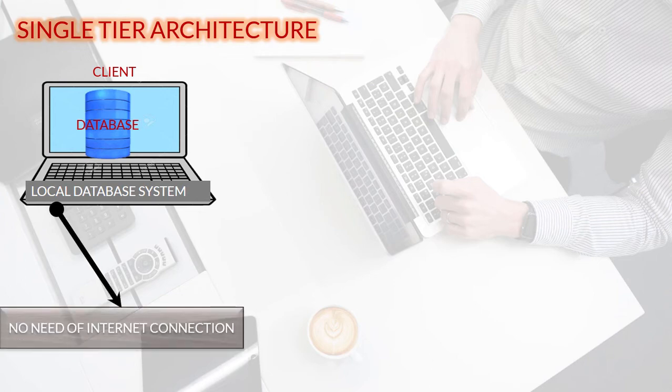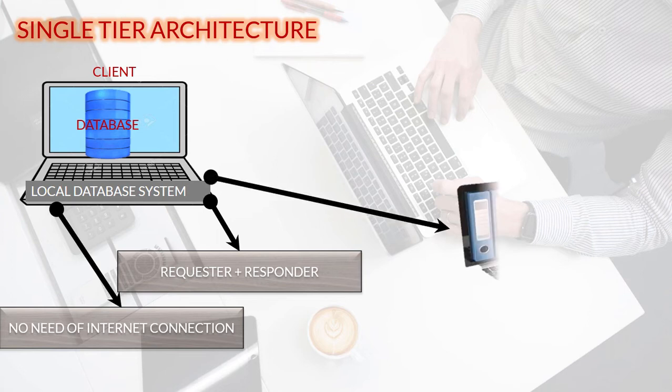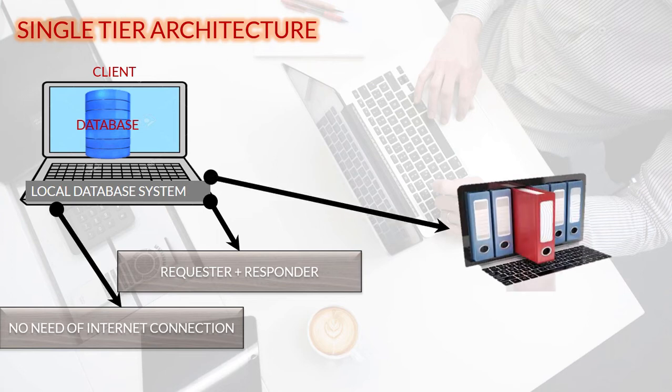If it is residing on the same machine, there is no need of internet connection. It means it acts as a requester as well as responder. The same machine is requesting particular data and on the same machine responding for that data. Let us take an example.